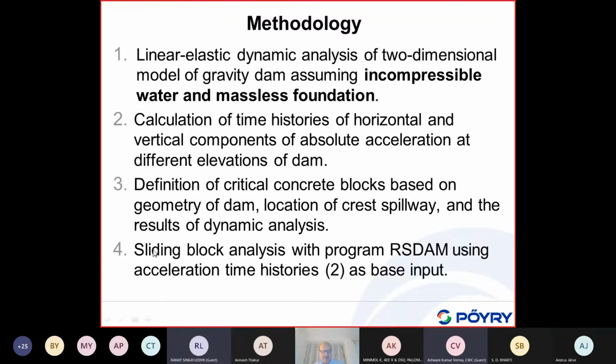Now, we have done that in India, let me say, sliding block analysis with a computer program RSDAM. It is a freely available computer program which does this dynamic stability analysis.